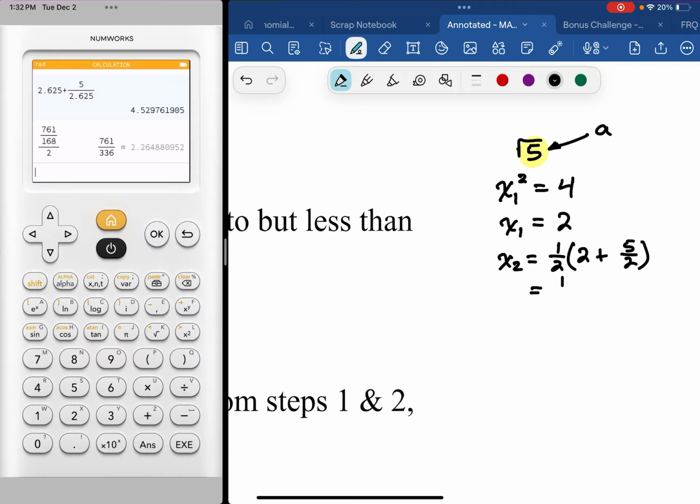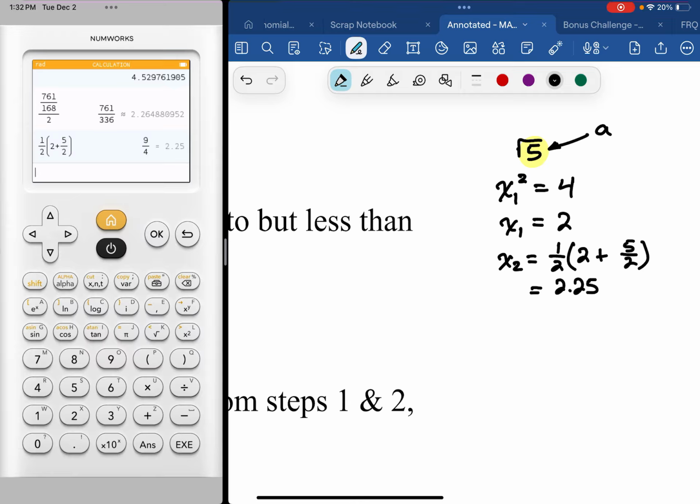All right, so 1/2, actually I'll just do it all. Not really fair, but I'll do it all in the calculator. All right, so I get 2.25. All right, so then that becomes my new, call it guess.